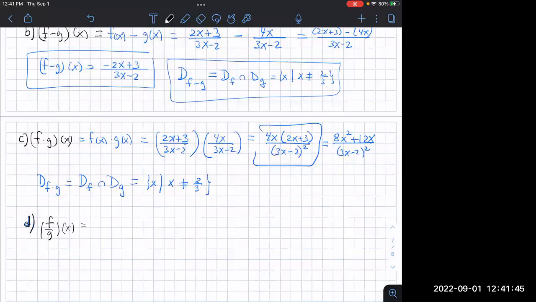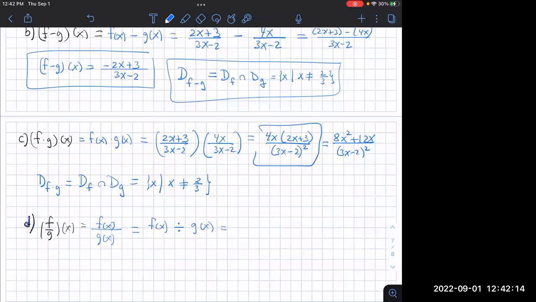Okay, so f of x over g of x. Because f and g are themselves fractions, one way to avoid a complex fraction is by looking at f of x over g of x as f of x divided by g of x.